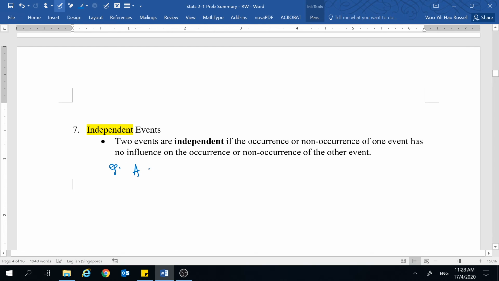If A is the event that I eat McDonald's for breakfast, and B is the event that you eat McDonald's for breakfast, say tomorrow.